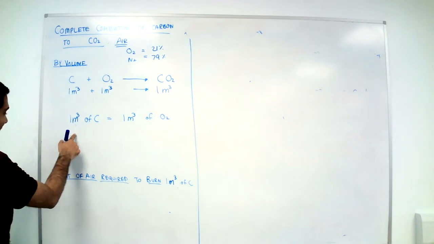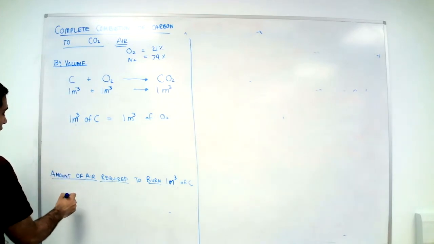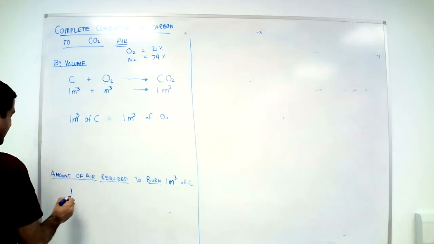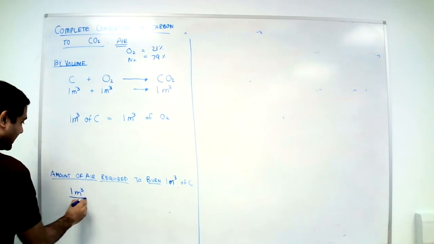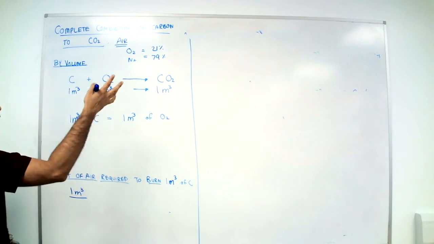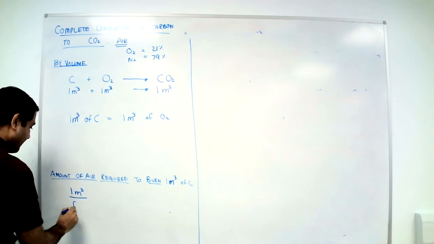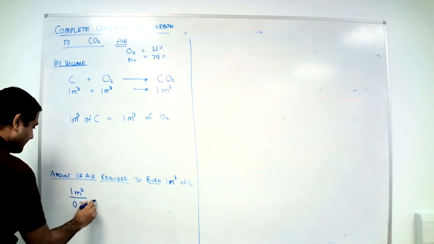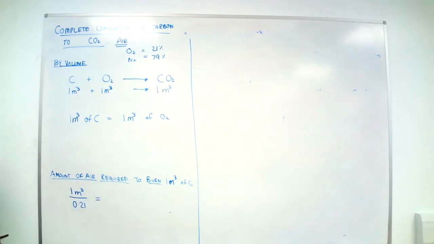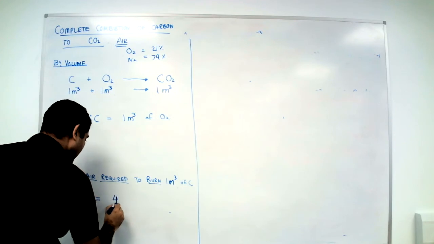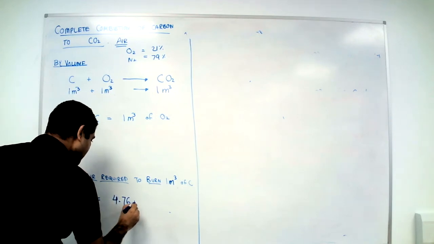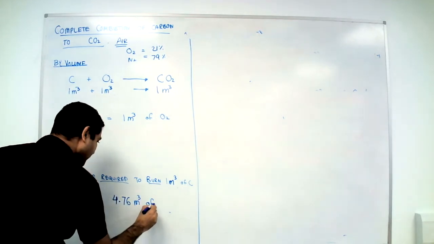If I want to convert that in terms of volume, 1 meter cube of oxygen is present in how much air? If you divide that, that will give you the answer: 4.76 meter cube of air.